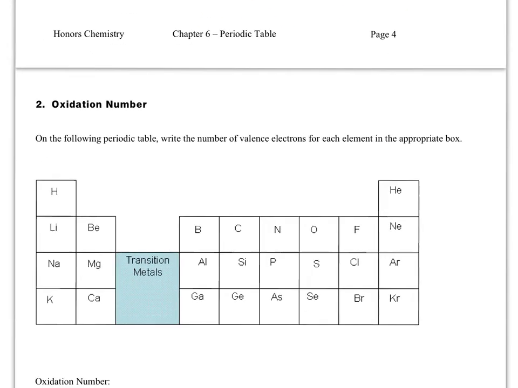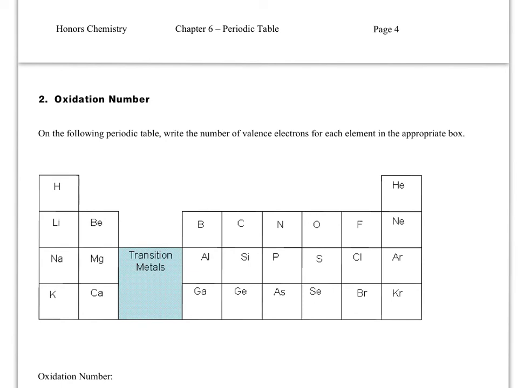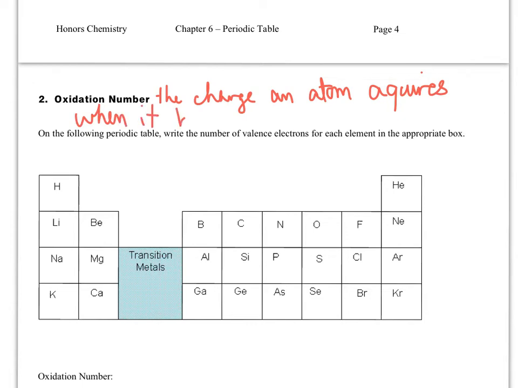So the next page is oxidation number. Let's first define what oxidation number is. The oxidation number is basically the charge. It is the charge an atom acquires when it becomes an ion.